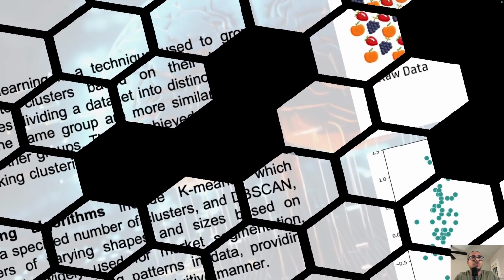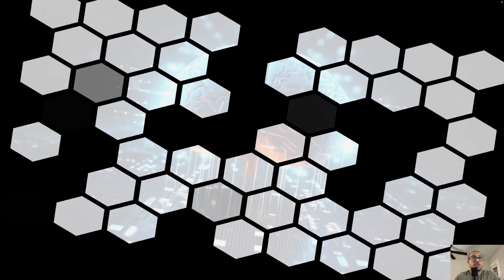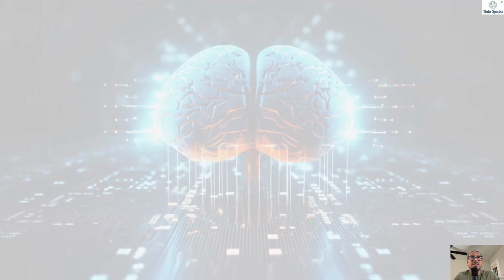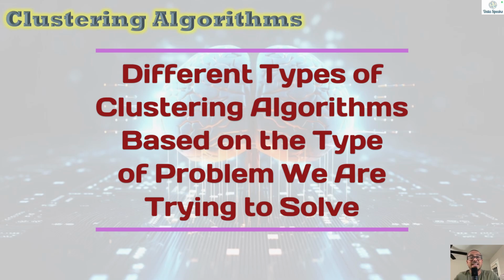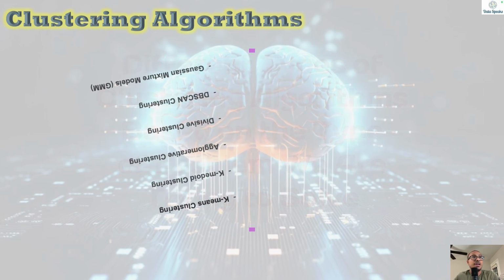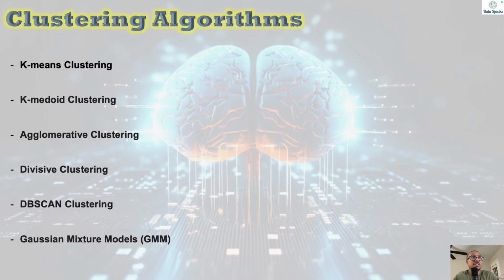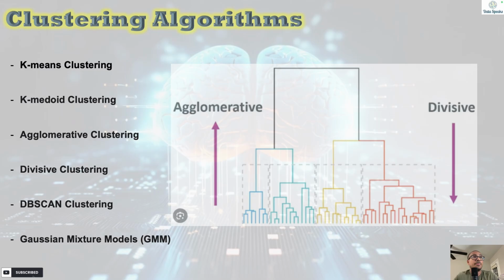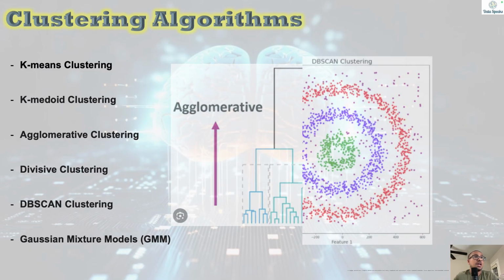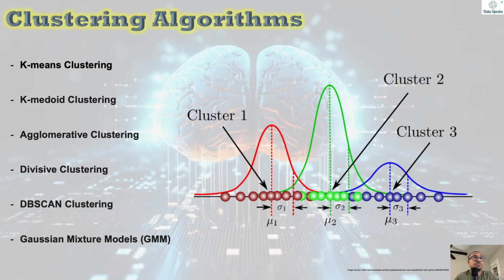Next, I want to show you the different clustering algorithms and clustering techniques that we can apply to diverse data, based on what type of problem we are trying to solve and what type of grouping we want to achieve out of the data. Here is the list of different clustering techniques, including k-means clustering, k-medoid clustering, agglomerative clustering, divisive clustering, DBSCAN clustering, and Gaussian mixture model.